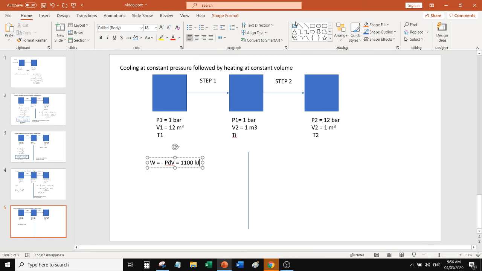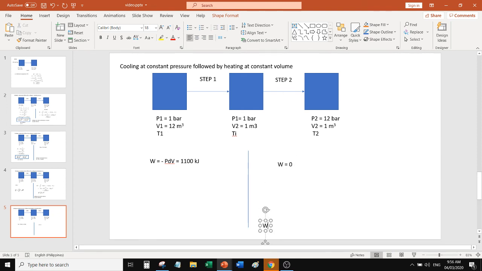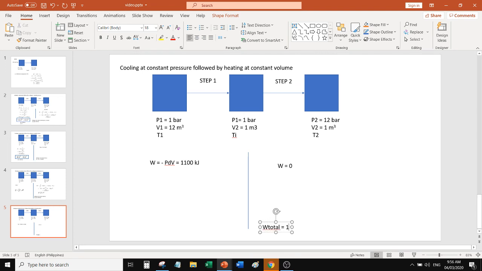And the second step, work is 0. So the total work is, and for Q, just do the same.